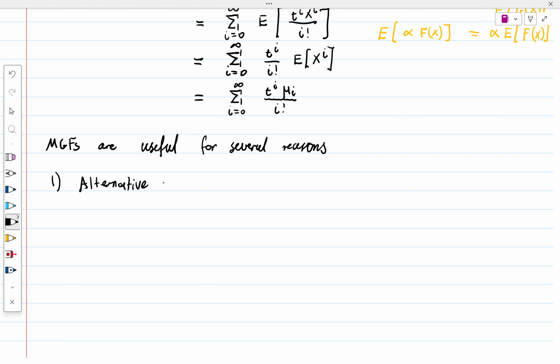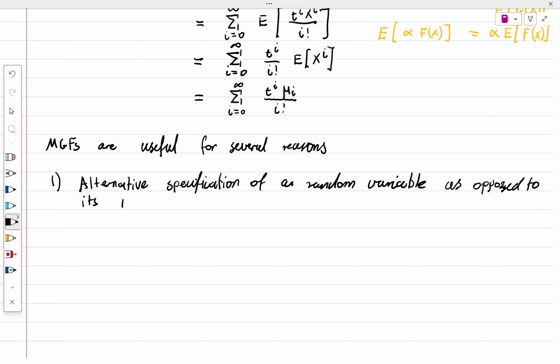What do I mean by that? As opposed to its PDF, or in fact PMF, depending on whether you're continuous or not.